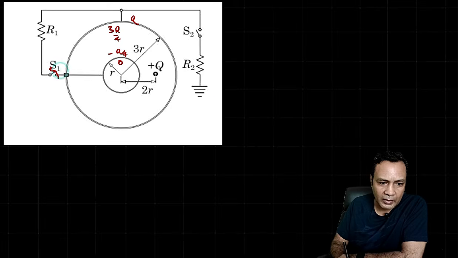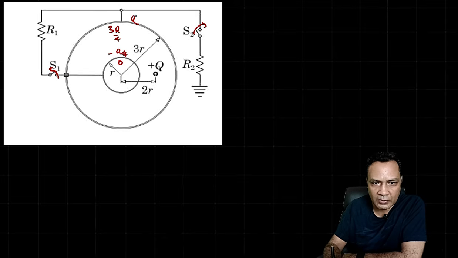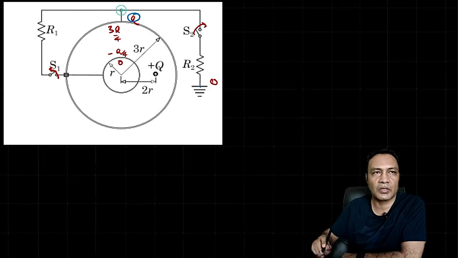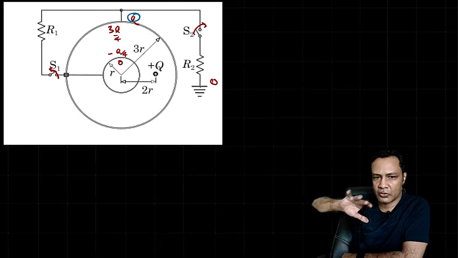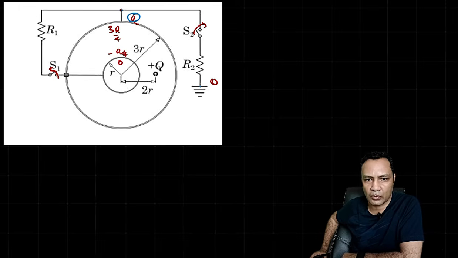So now if I close this switch, the only charge that can change is this charge. There is a potential difference between this and ground, whose potential is 0, at the moment of closing. So the charge Q will eventually go to ground.